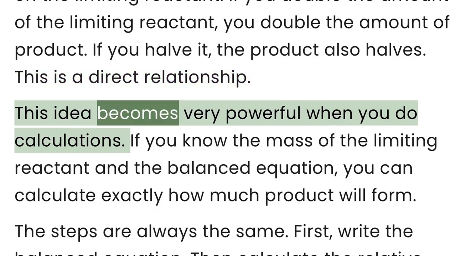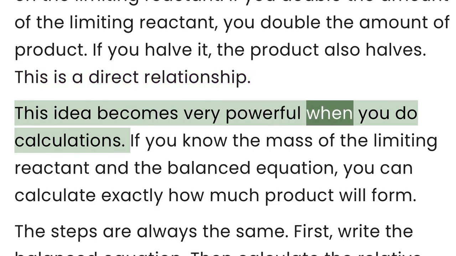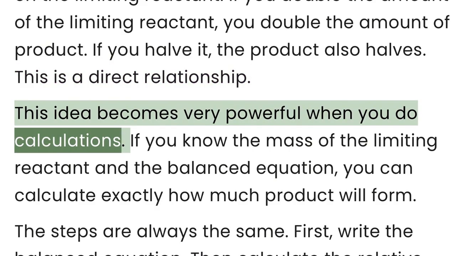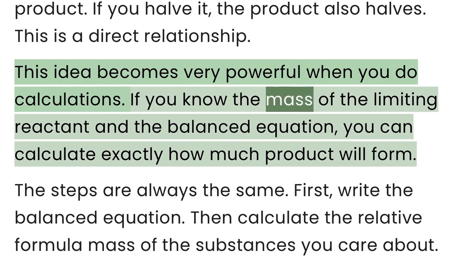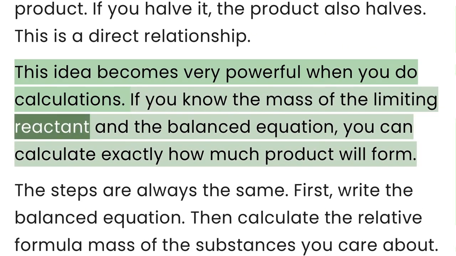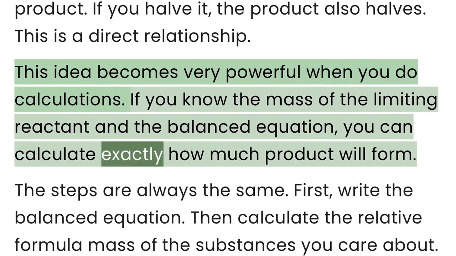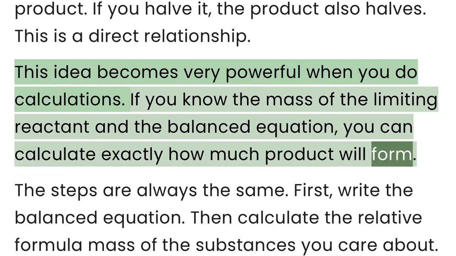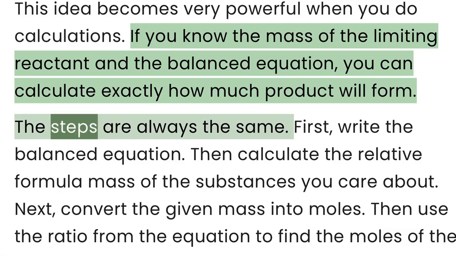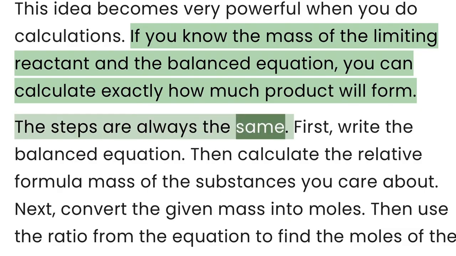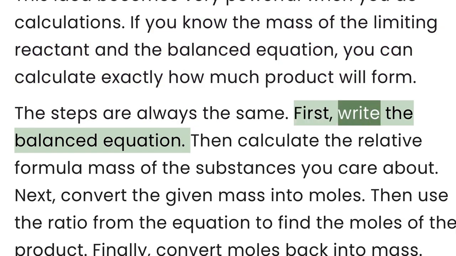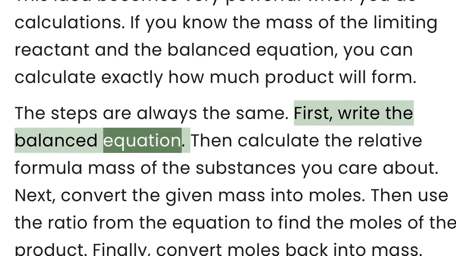This idea becomes very powerful when you do calculations. If you know the mass of the limiting reactant and the balanced equation, you can calculate exactly how much product will form. The steps are always the same. First, write the balanced equation.